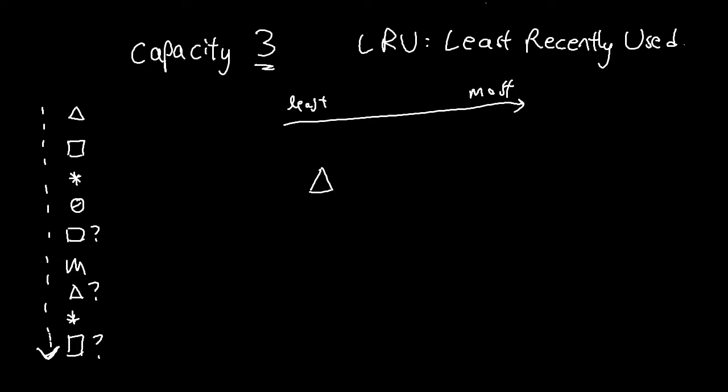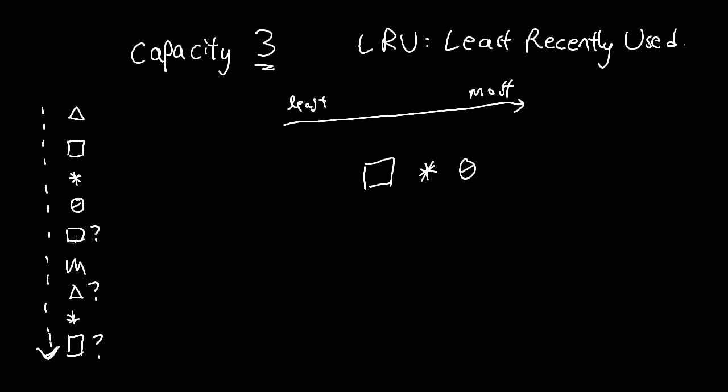So we start off here, and then we put in this square here, and this square, we used it more recently than the triangle, so it's ahead of it, and then we have this star. And at this point, our cache is full. Then it asks us, we want to put in this 0. So now we have to choose the least recently used one, which is this triangle. And then we'll evict it. So we kick it out. And then we put this 0 in. And we're going to put it here because it's the most recently used.